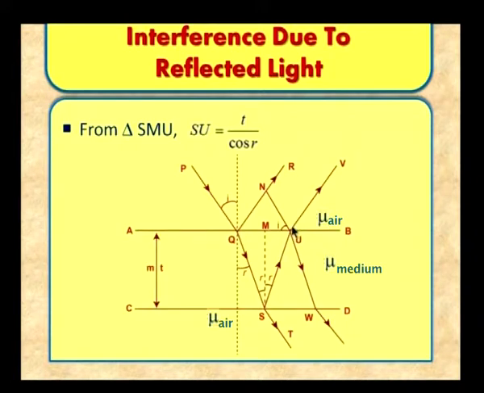The path difference will be QS plus SU multiplied by the refractive index mu, minus QN, because the extra path QS plus SU is in a medium of refractive index mu.